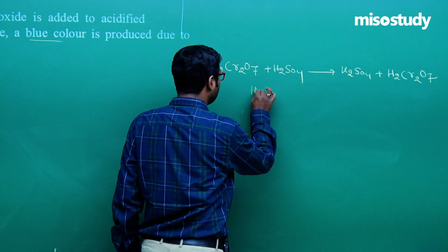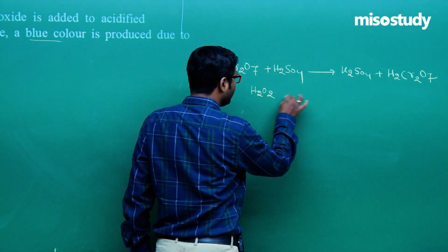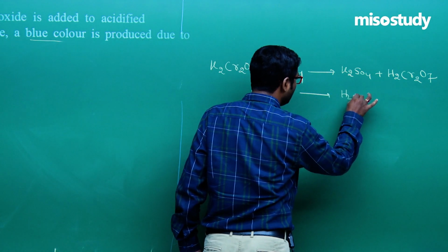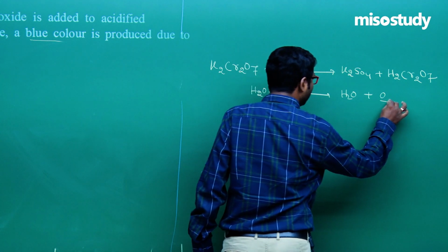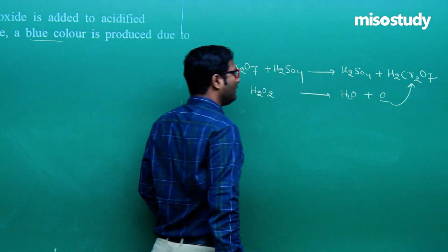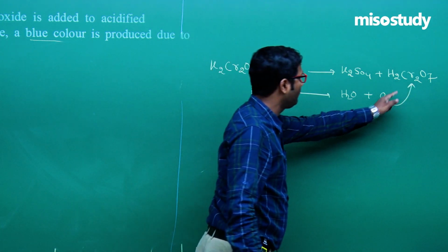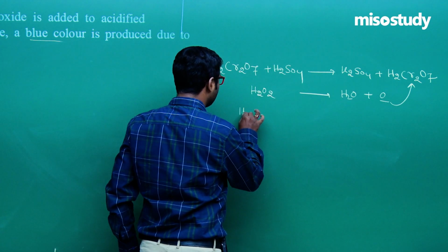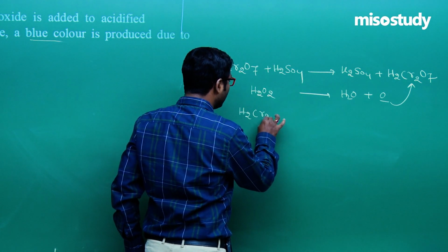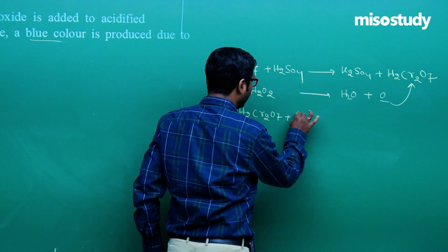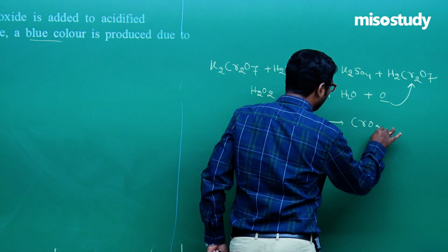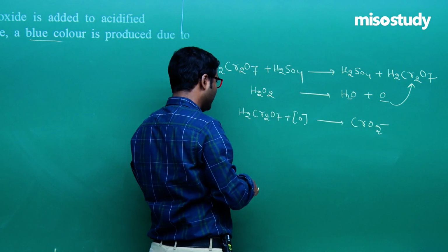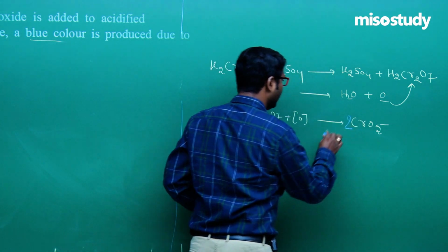Now H2O2 will dissociate like this, H2O plus nascent oxygen, and this nascent oxygen will convert H2Cr2O7 into CrO5. Clear to you what I am telling?